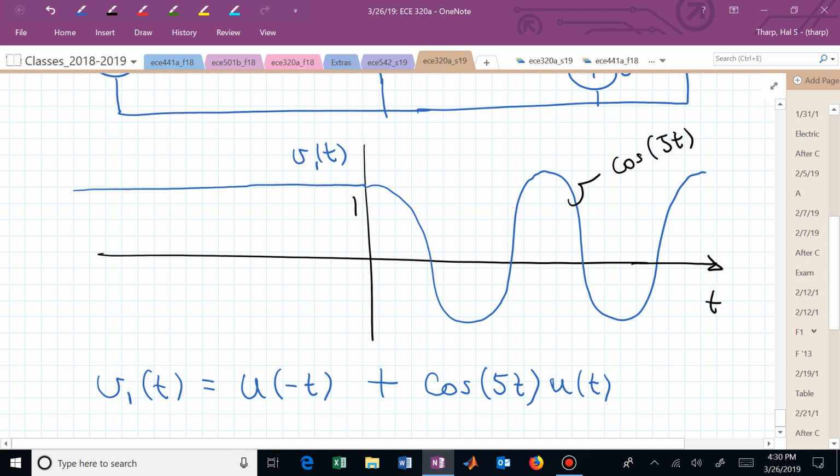If I didn't know that it was 5, how would I determine that the frequency was 5 radians per second? From the sketch. I've sketched it accurately, let's say, and I've labeled the time axis accurately. You could measure the period, couldn't you?